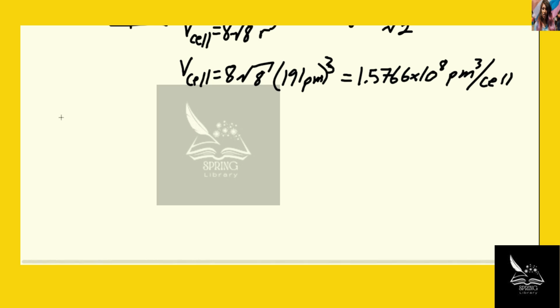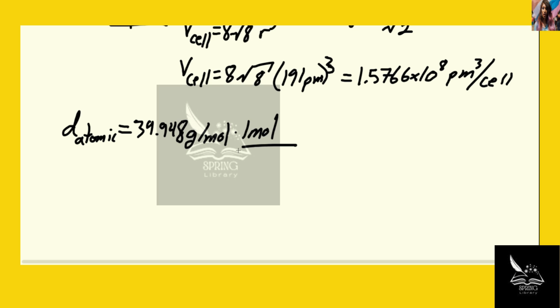So to figure this out, our density, atomic, not cellular, just the atomic density, is going to be equal to the molar mass, which is 39.948 grams per mole, times 1 mole per Avogadro's number, which is 6.022 times 10 to the 23 atoms.